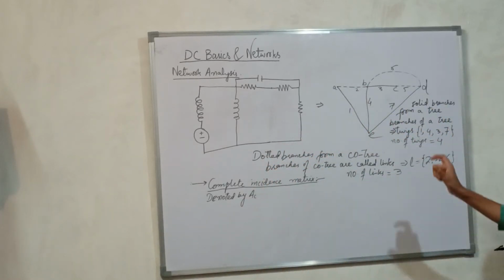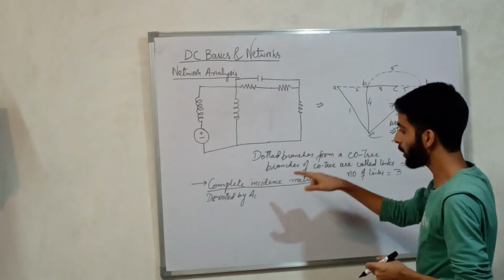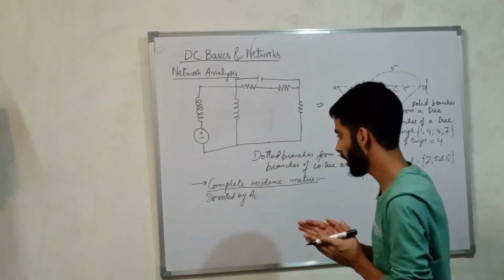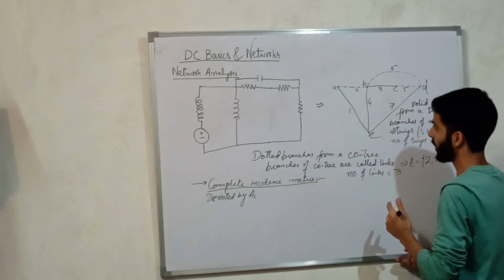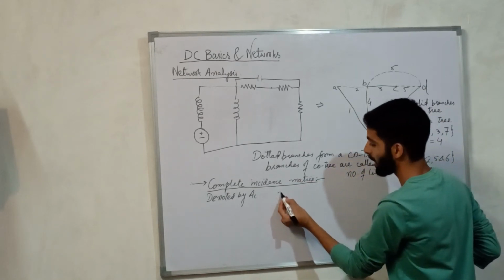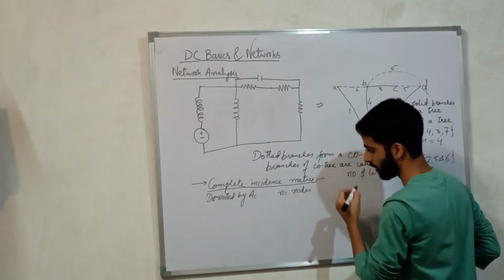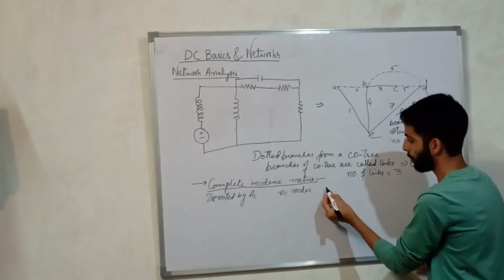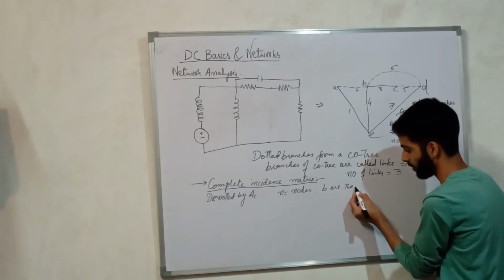So friends, now we have to make this graph into a mathematical matrix form. Setting up the rules for that, say n is equal to nodes, and b are the branches.